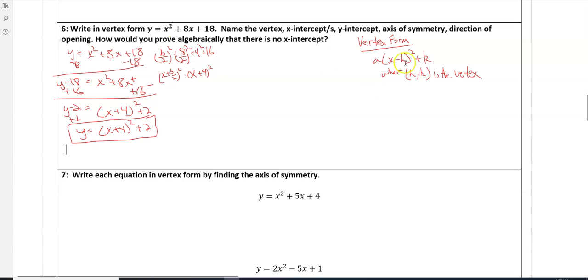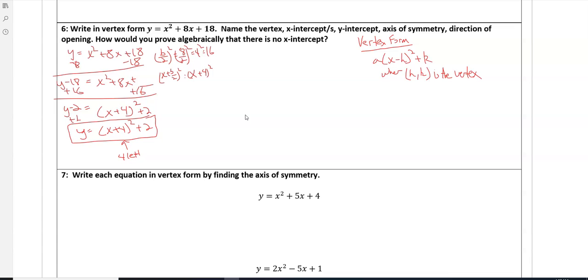So let's see what all they want here. They want the x-intercepts, the y-intercepts, the axis of symmetry. All right. So the axis of symmetry would just be negative b over 2a on the original equation. Or you can see right here, it goes 4 to the left.